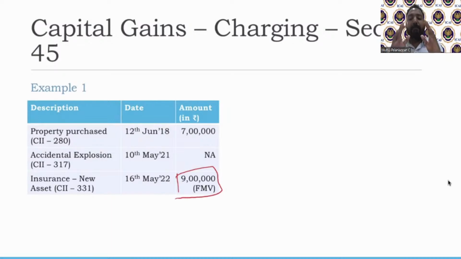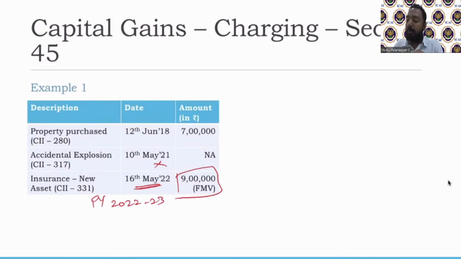The sale consideration is 9 lakhs. This capital gain from the transfer of this capital asset will be taxed in the previous year 22-23 and not 21-22. So not in the year of damage or destruction, but in the year in which the insurance provider provides you the alternate asset.